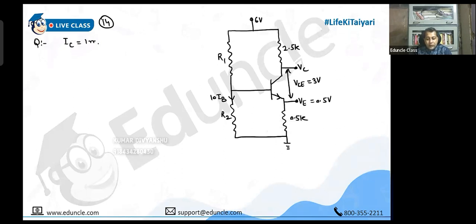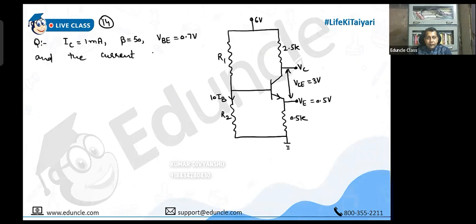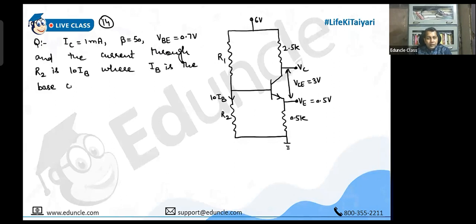IC is given to be 1 milliampere, beta equal to 50, VBE 0.7, where IB is the base current.